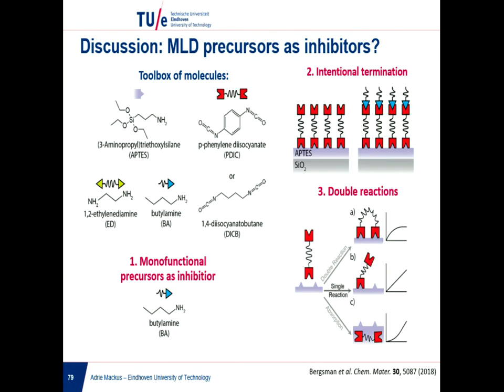So what you could also make use of is the fact that you have double reactions. If you have a bifunctional precursor and you have a double reaction with the surface, that resembles the configuration we have with acetylacetone on the surface. Both of its functional groups adsorb at the surface and then you have something unreactive at the top.